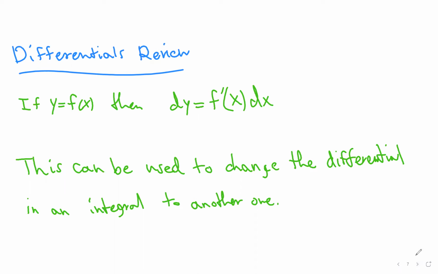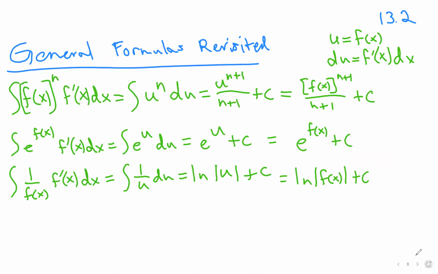It's also part of the method for how you might get some of the more general formulas for integration that we were just talking about, which relates back to the idea of the chain rule integration that we were doing.